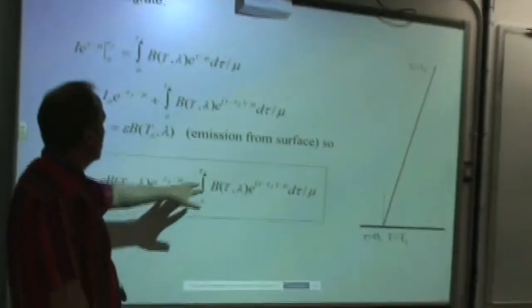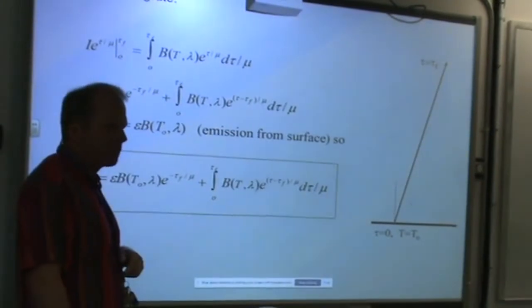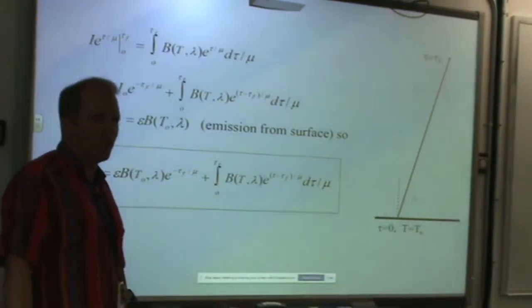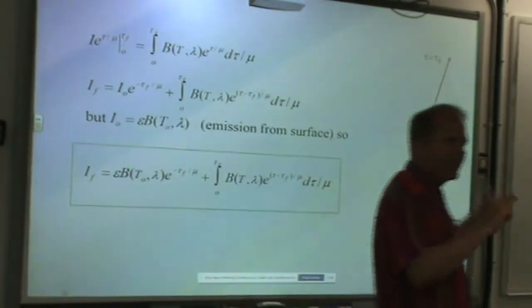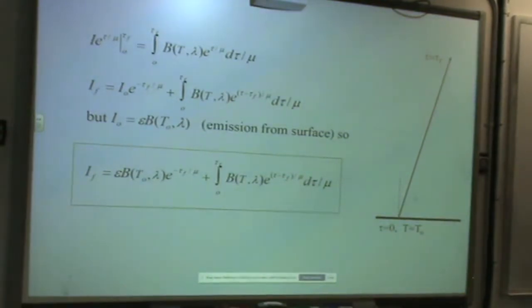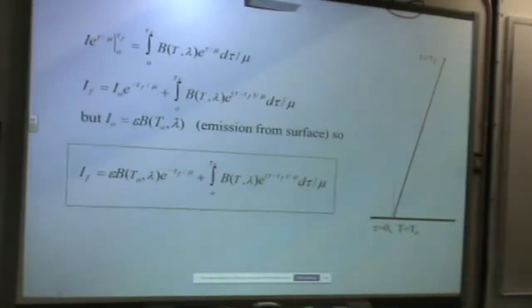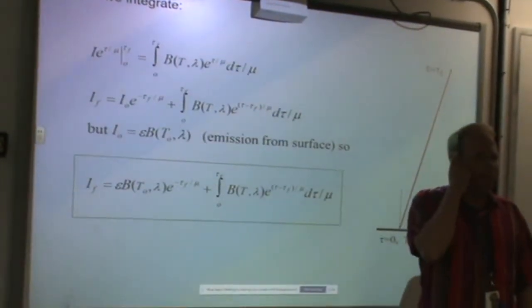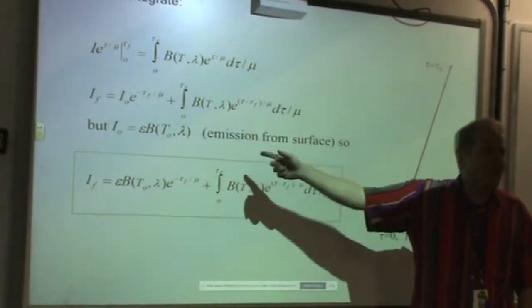So I'm going to end up with this equation down here. And you're looking at that equation, and you're saying, I don't want to look at that equation. It has integrals, it has stuff like this, but it's okay if we're going to look at each term and see if it makes sense. Because it turns out, if your physical reasoning is good enough, we don't even have to integrate.